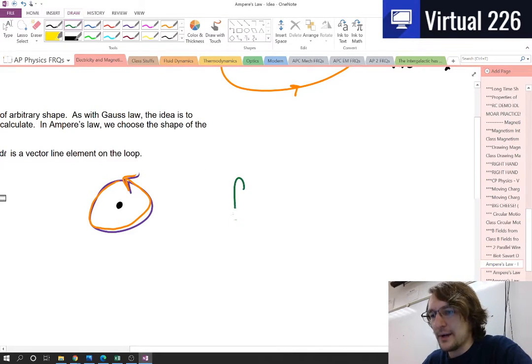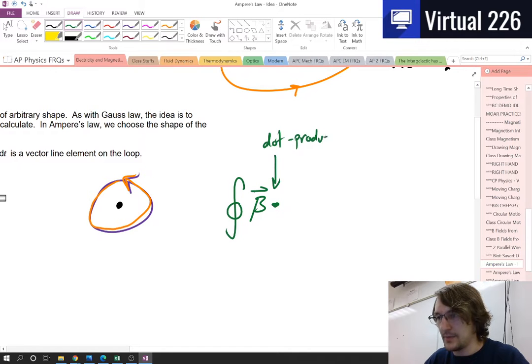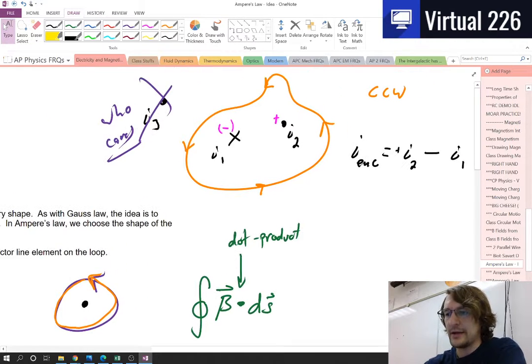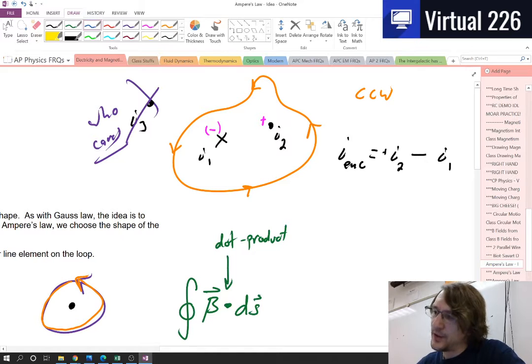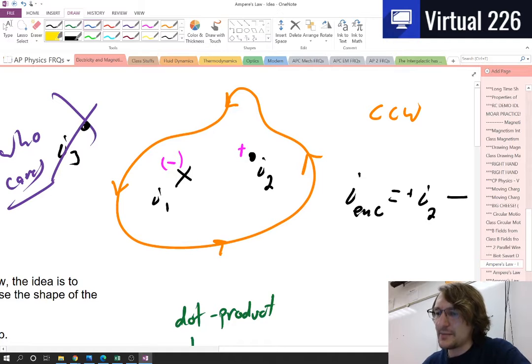We are trying to set up the closed path integral of the B field dotted, and this is a dot product, with some displacement vector. What this means is that this current carrying wire is going to generate a B field, and let's say this B field is pointing in some direction up here. Looking at our original funky shape, let's say the B field out here is pointing like this.